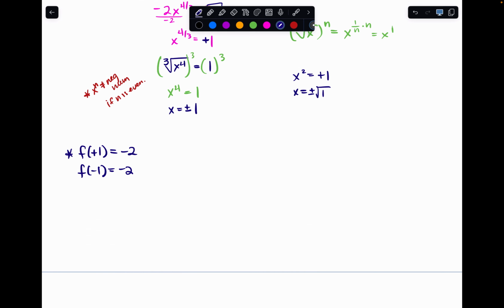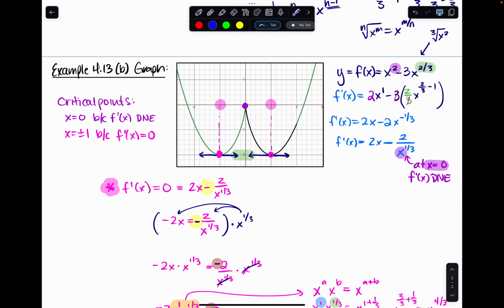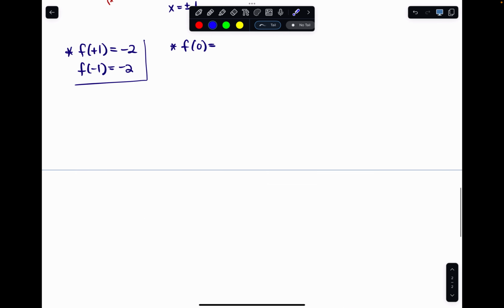I encourage you to do that. But also, if you plug 0 into f, which you absolutely 100% can do, right? f is not undefined at 0. f prime was undefined at 0. If you plug 0 into f, you get 0.